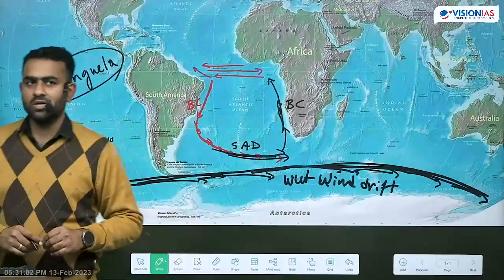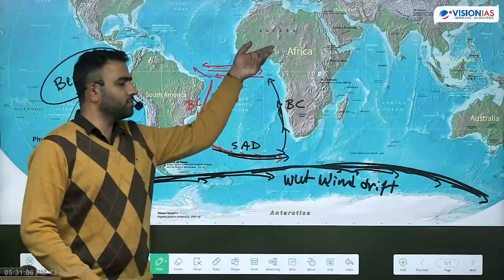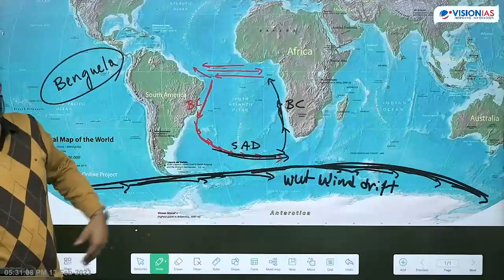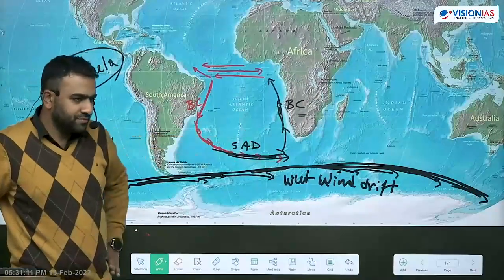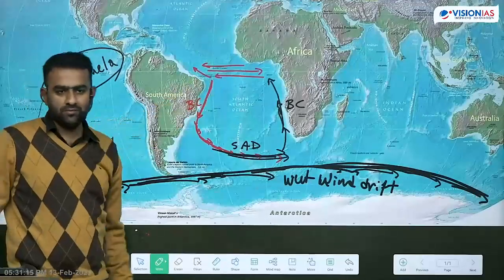So why is it a cold current? Because it is coming from the polar region towards the equatorial region, and it is also part of this cold west wind drift. A part of this current is moving towards the north, and that becomes the cold Benguela current.